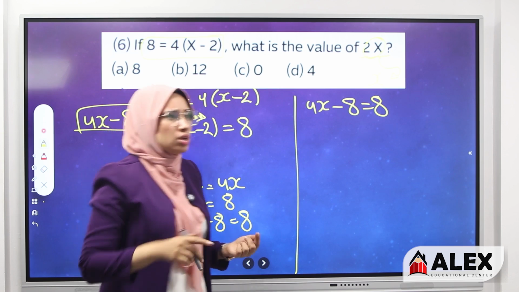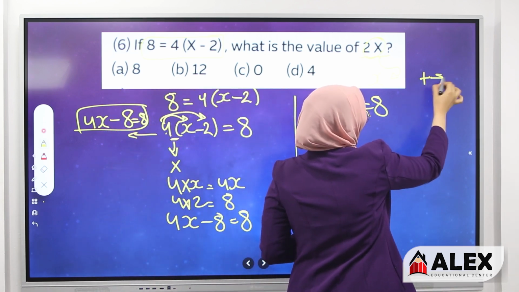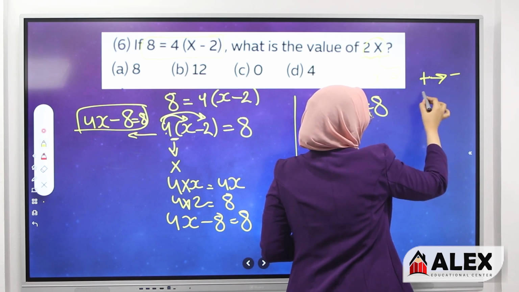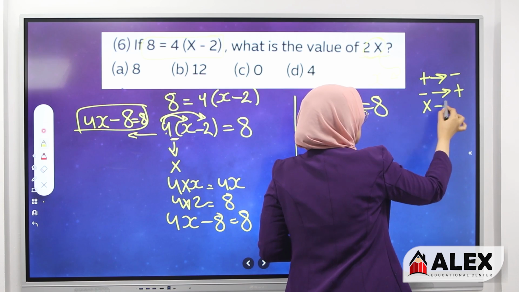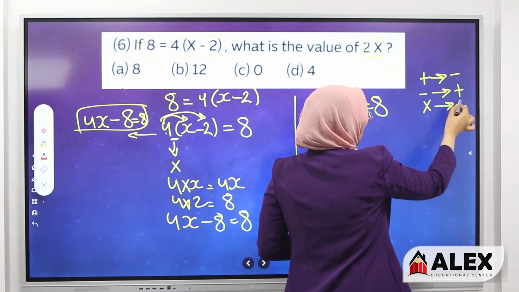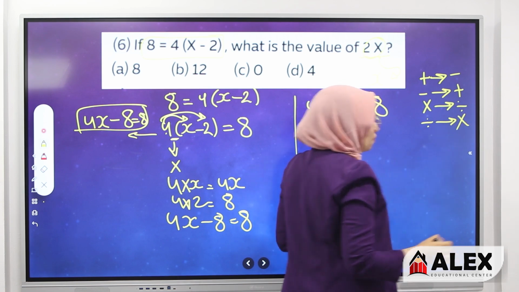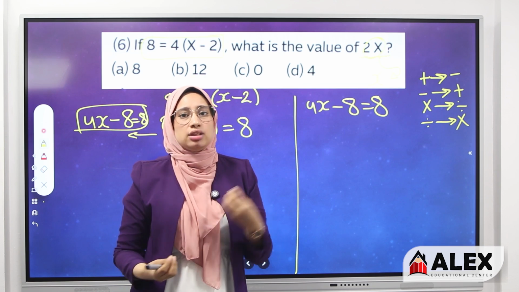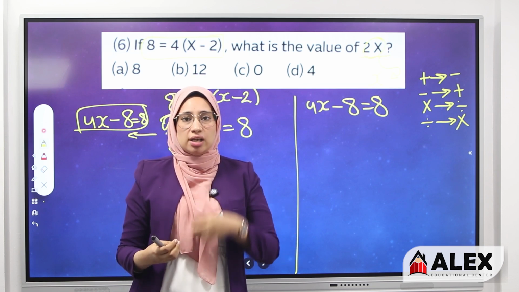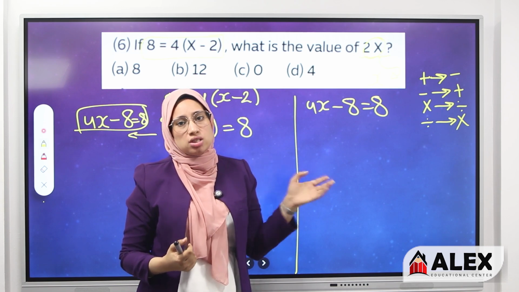Inverse of operation, let's remember with me, the inverse of positive is negative. The inverse of negative is positive. Times the inverse is divided. Divided inverse which is times. Inverse operations, meaning the opposite operations, so that I can find the value of x or the value of any variable in this equation.